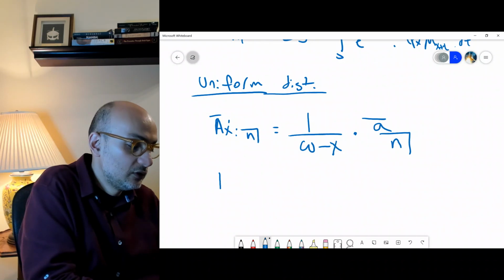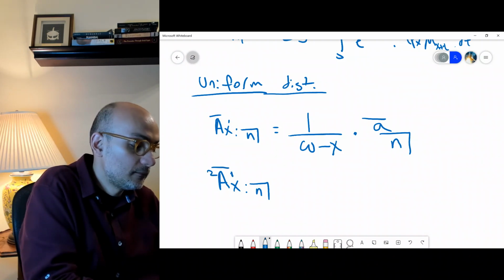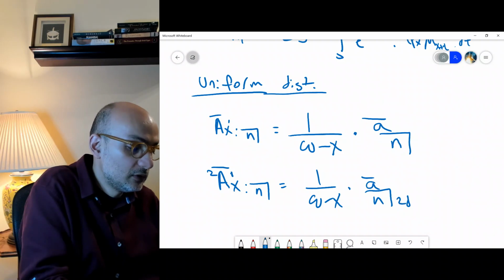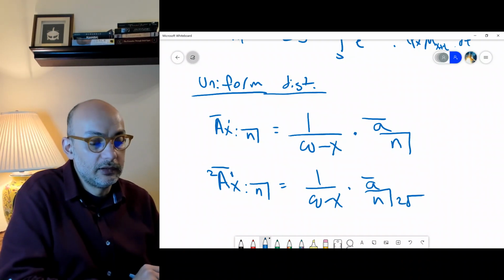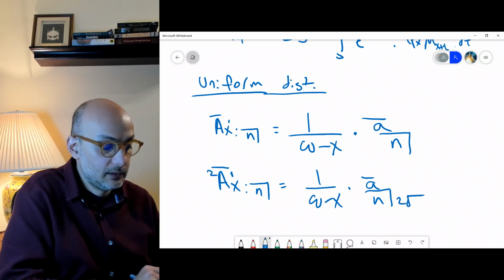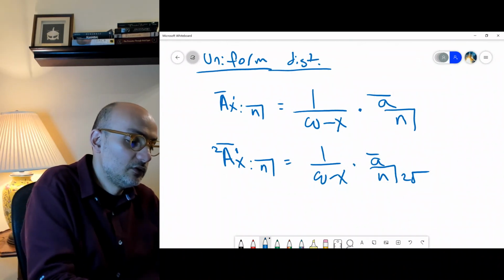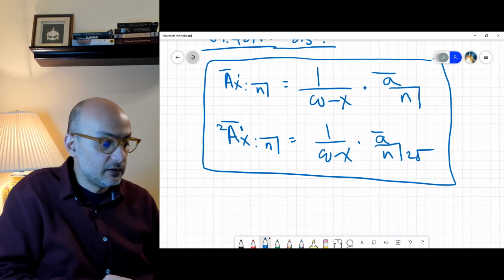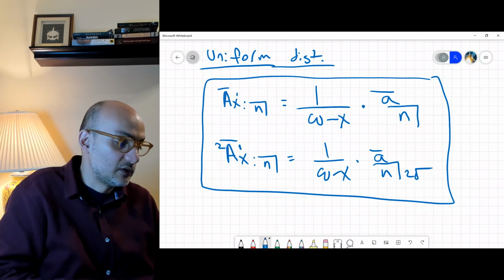If you want A x n, but you want the second moment, same thing, omega minus x times ā n, only with 2 delta, right? All of these you need to memorize. It's not very difficult. Now, what about the exponential distribution?